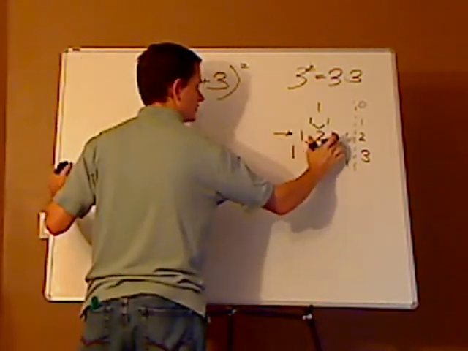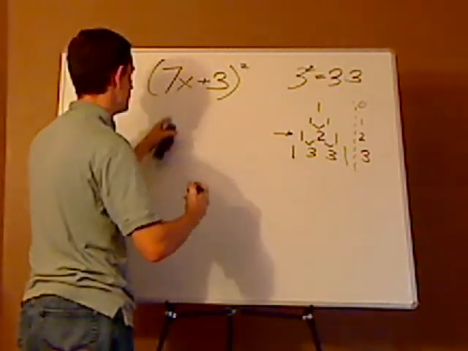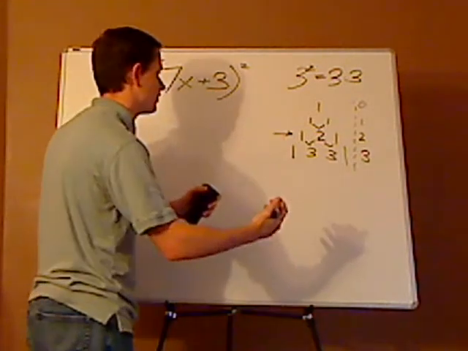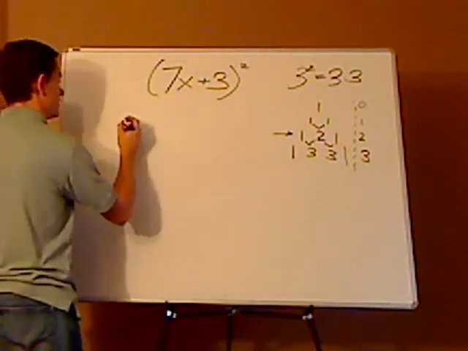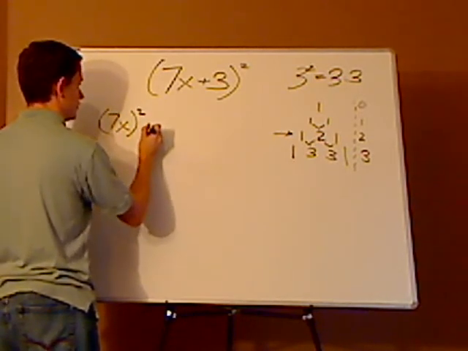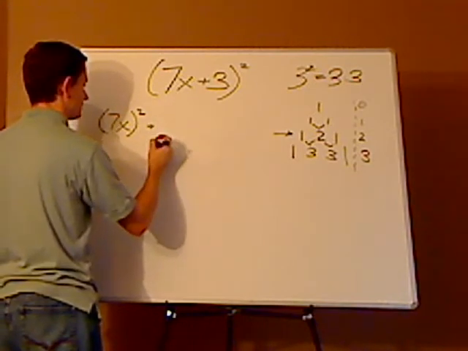Now, what happens here is one term is going to increase while the other one is going to decrease. So, for example, here it would be 7x squared plus, and then this is 3 to the 0, which is just 1.